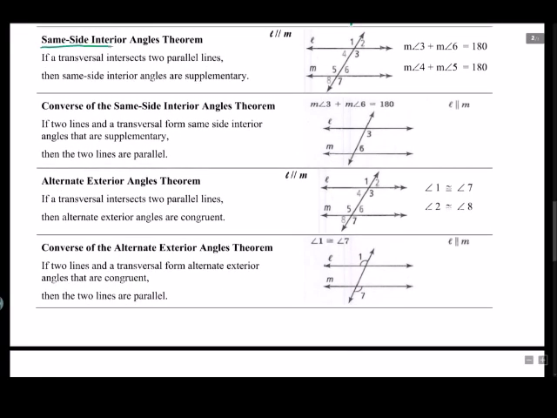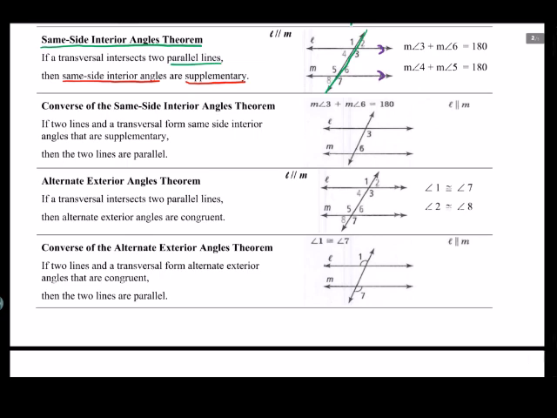Our same side interior angle theorem. If a transversal intersects parallel lines, so if we have parallel lines, here's our transversal, here's our parallel lines, then what's the result? Same side interior angles are supplementary.